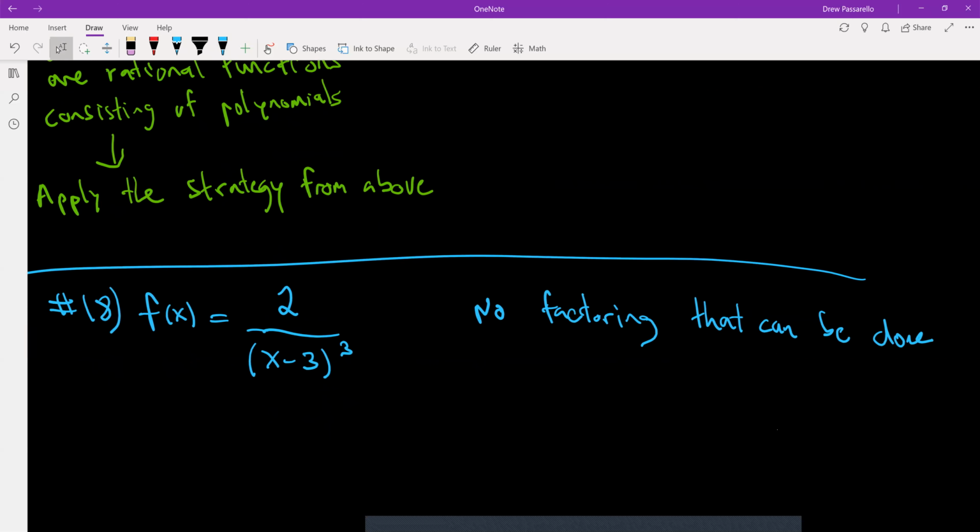So I can go ahead and proceed to set the denominator equal to 0, and find x in which case makes the denominator 0.